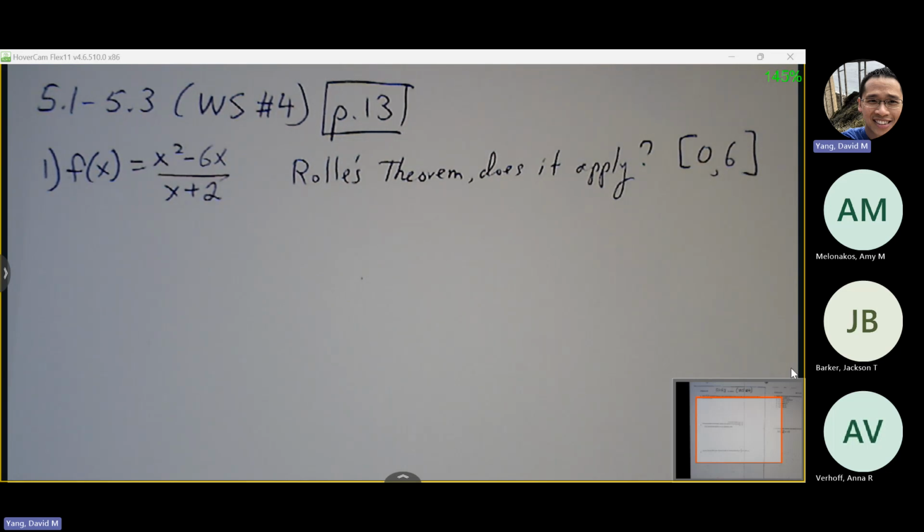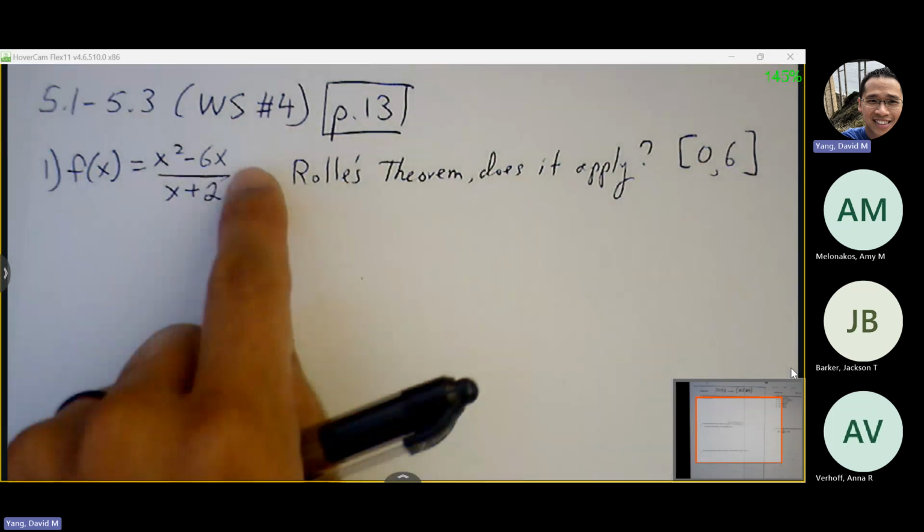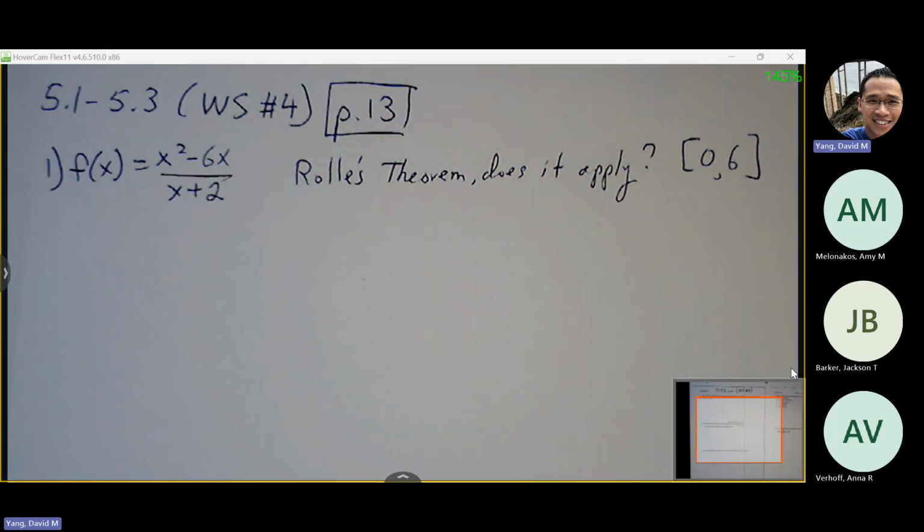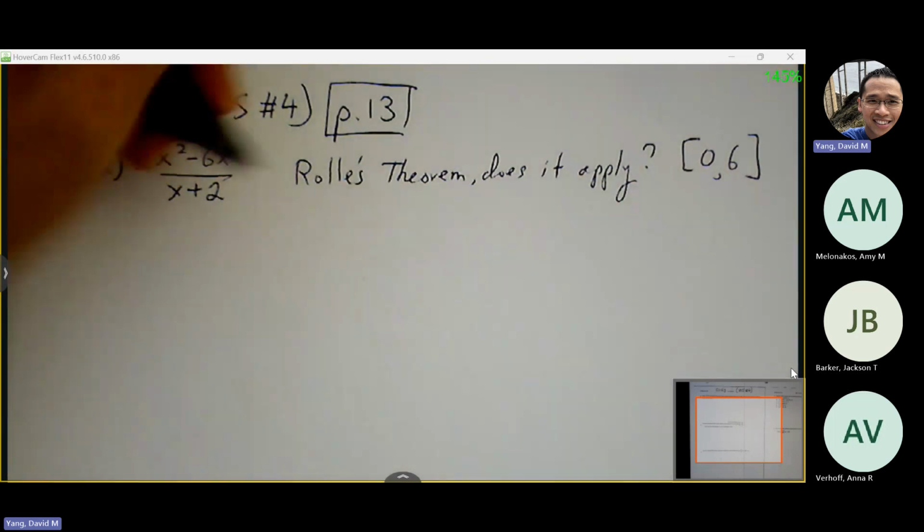This is a polynomial, so we don't have to worry about anything, but here we may have to look at something. Is there something that could get in the way of continuity? Where do we look for continuity issues? The vertical asymptote. Yeah, the denominator. What does the denominator show you? At -2, right? So there's a vertical asymptote.